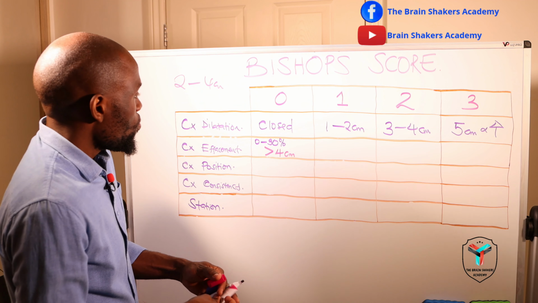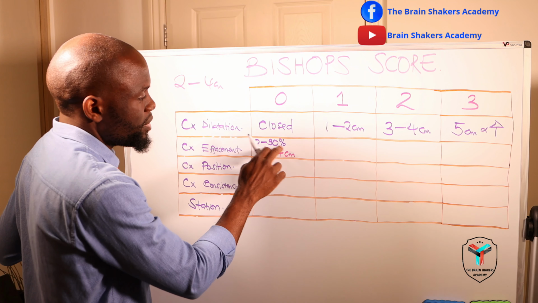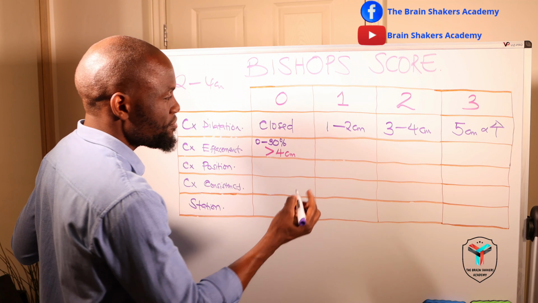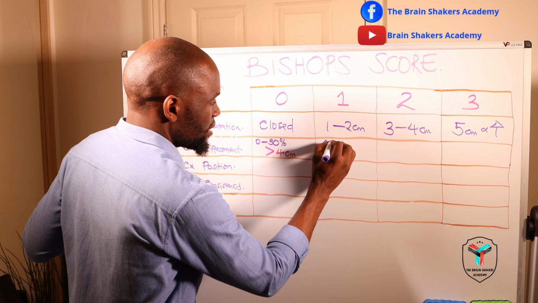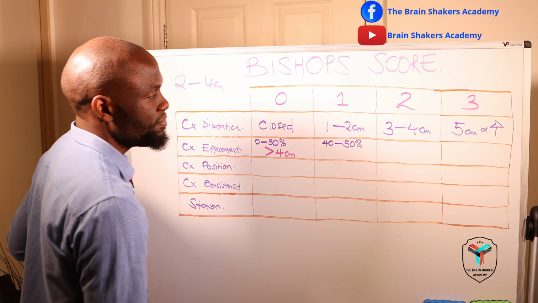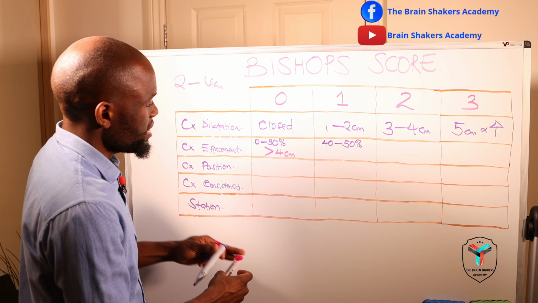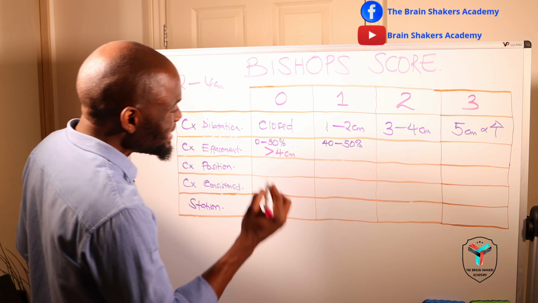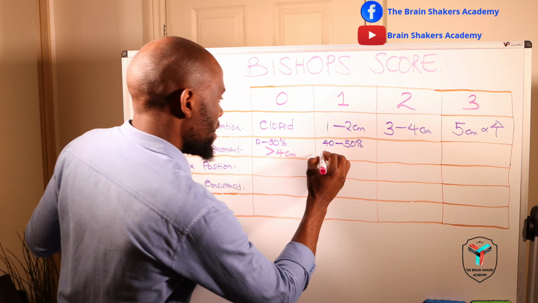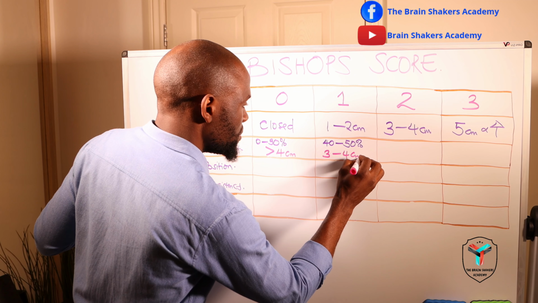Now, when do we score it a 1? If the cervical effacement percentage is 40 to 50% effaced, then we will give it a 1. In terms of length, this is going to be 3 to 4 centimeters.